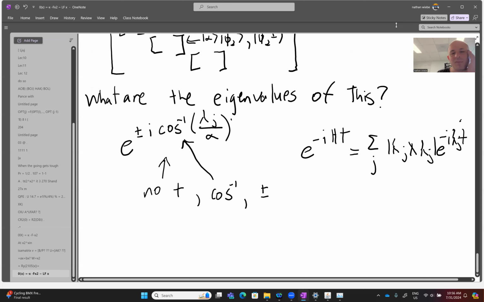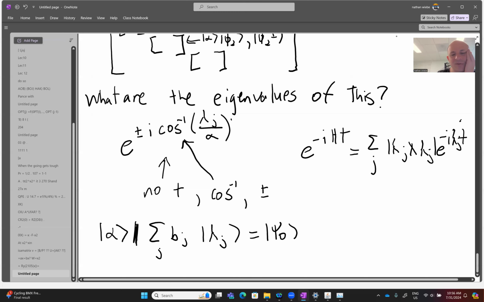What I mean is that if we start with an initial vector coming into our system, let's say we have alpha, sum over j, let's put up some b_j's here, times the expansion coefficients lambda j. And let's set this to be equal to alpha psi naught.